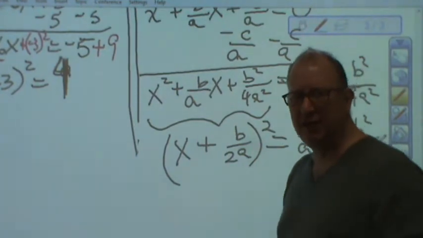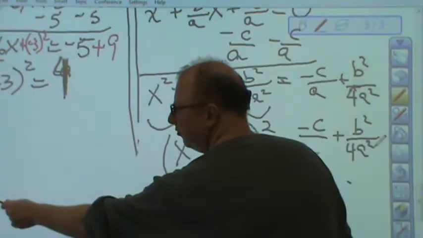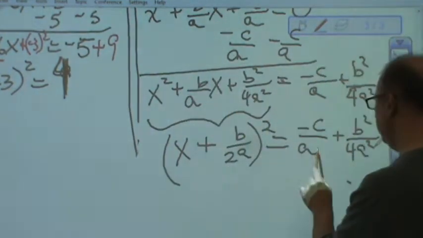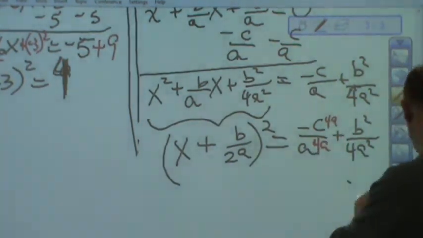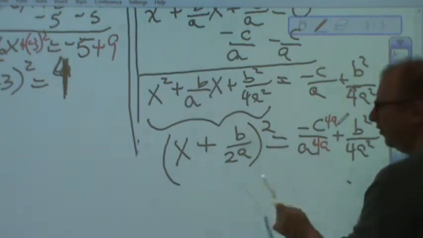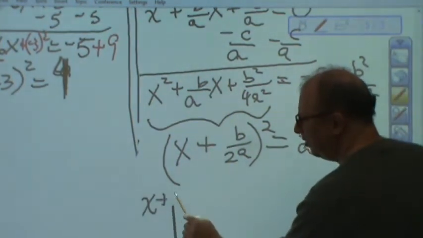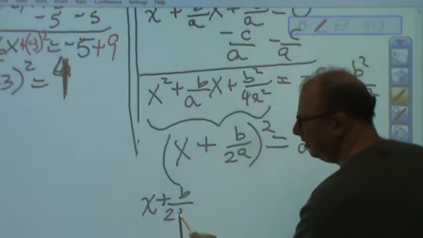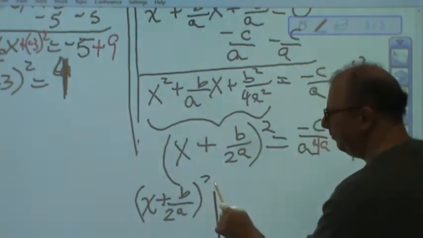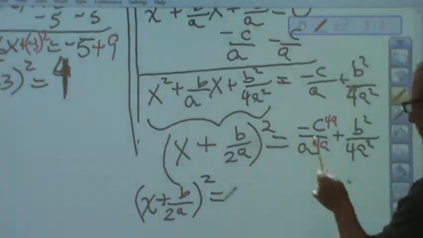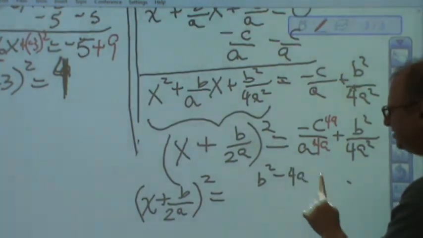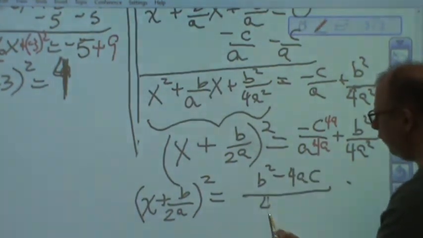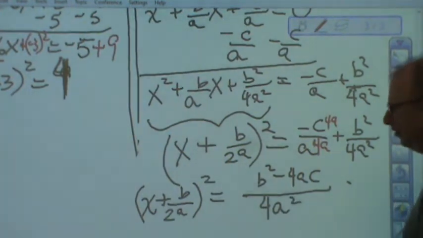A common denominator. So that's what I'm going to do right now. I'm going to multiply the top and the bottom by 4a. And look what I'm left with. X plus b over 2a squared is equal to b squared minus 4ac over 4a squared.